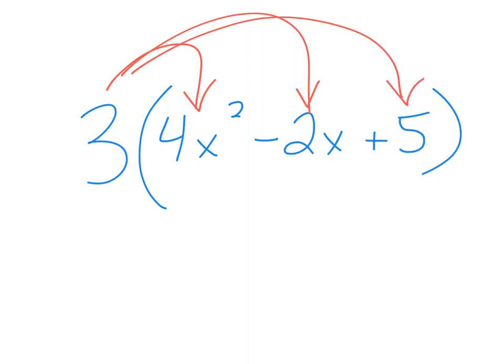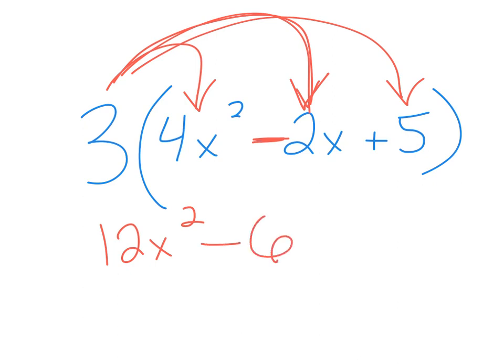So doing the same thing, looking at the first one, 3 times 4 I know is 12. So 3 times 4x squared is simply 12x squared. Looking at the next one, 3 times 2 is 6, but because of that subtraction sign in front of it, we can look at that as 3 times -2, which I know is -6.